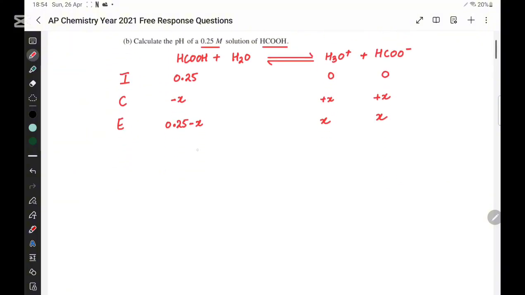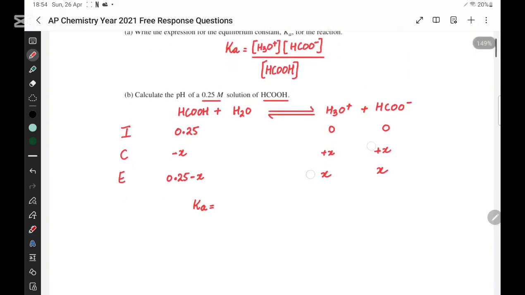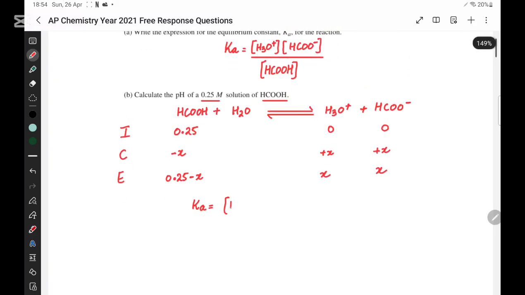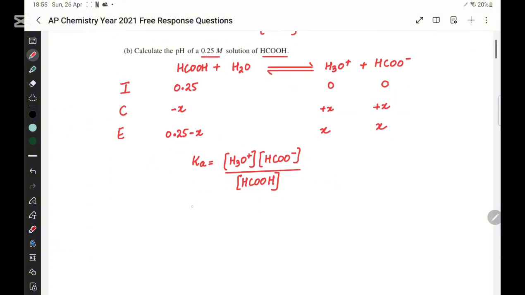So after applying the formula of Ka, which we formed before, H3O+ times HCOO minus over HCOOH. The Ka of the reaction is 1.8 times 10 to the power minus 4.